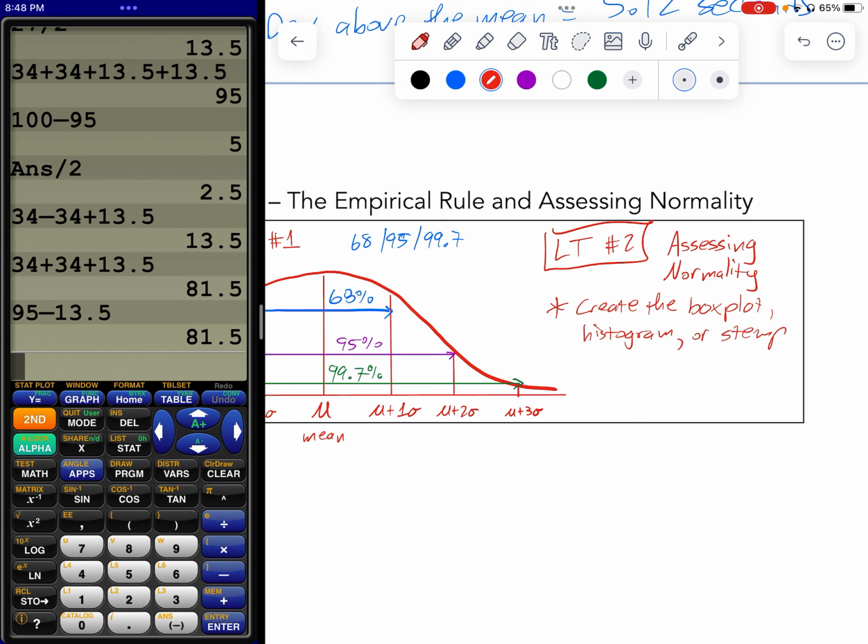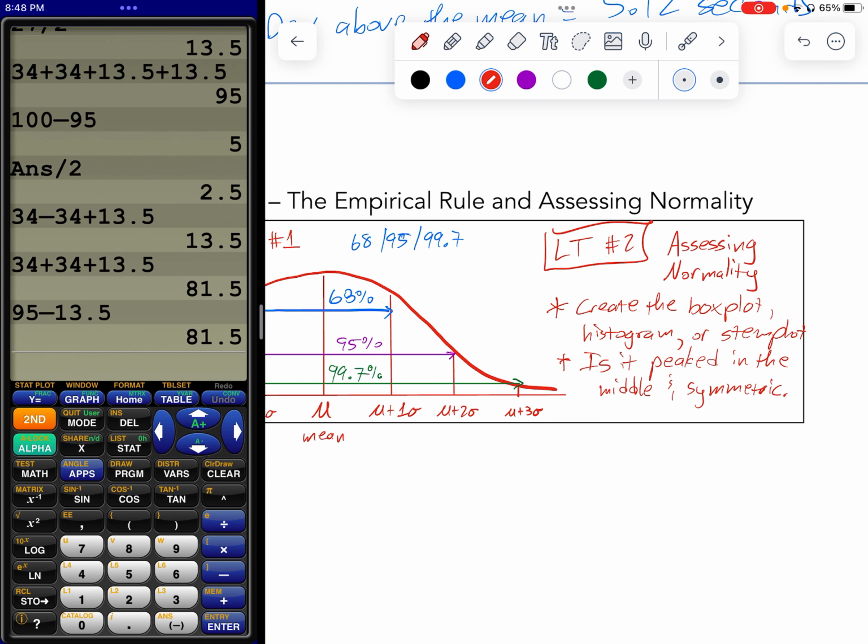In other words, make a plot, right? And then, is it peaked in the middle and symmetric? Okay, which we did that, you guys.